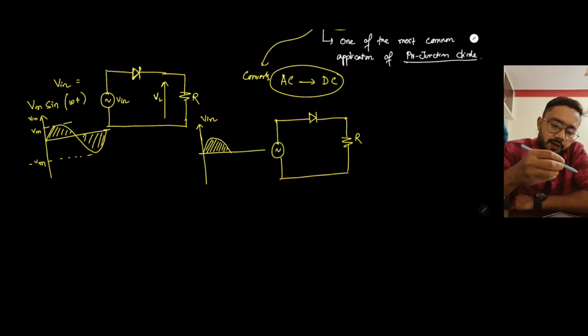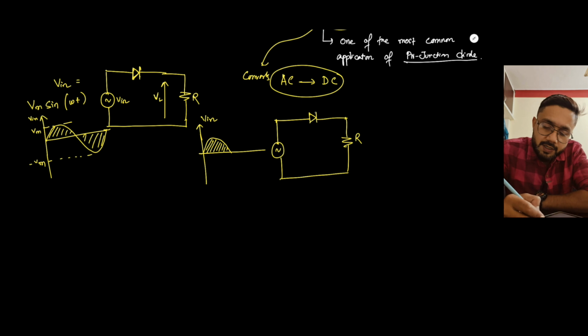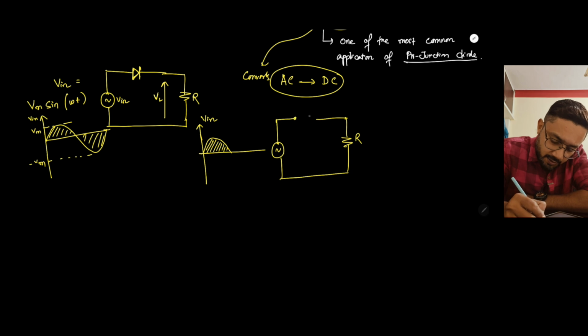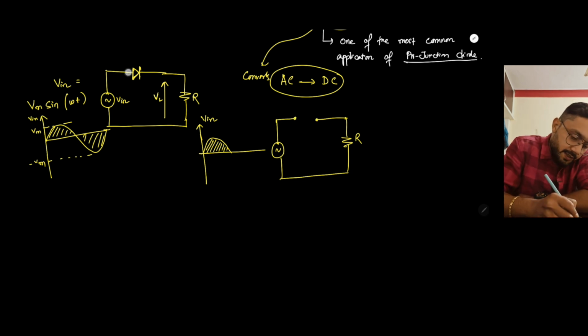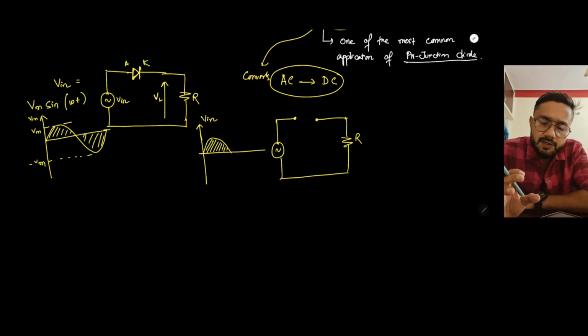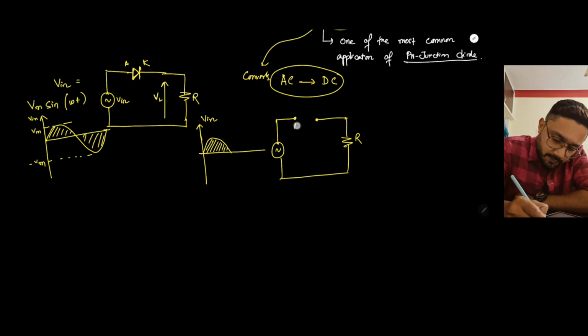Obviously the diode will conduct. Again, how can we check whether the diode will conduct or not? Let's consider that the diode is not conducting. Let's consider an open circuit here, and we are considering ideal diodes. Let's not consider a practical diode now, let's consider an ideal diode.